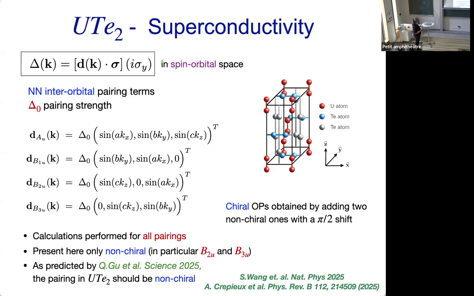So we reduced our analysis to the non-chiral ones to compare with the STM data. Though we also did a calculation for the chiral ones. Since we had the machinery, we did it for every order parameter, but the results that I'm going to present and the ones that we sent in the paper are the non-chiral ones, because that's what he claimed to have seen in the previous paper.